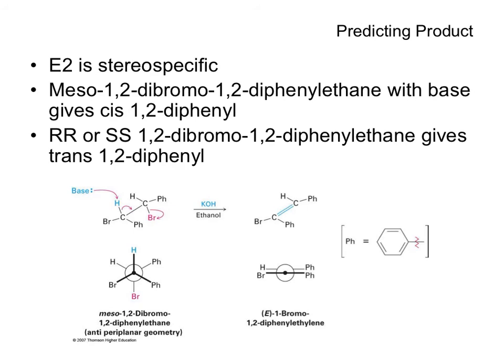Since E2 is a stereospecific reaction, hopefully you can see over here that the leaving group bromine and the hydrogen, notice they are completely anti with respect to each other.